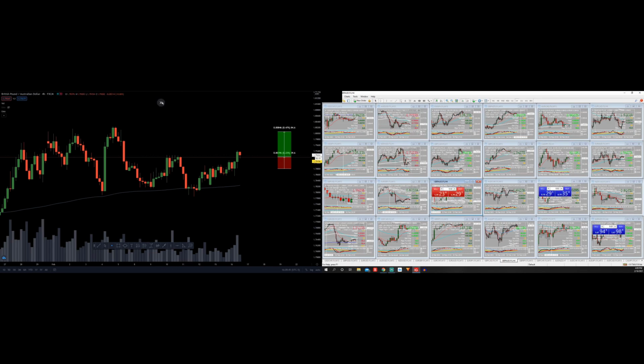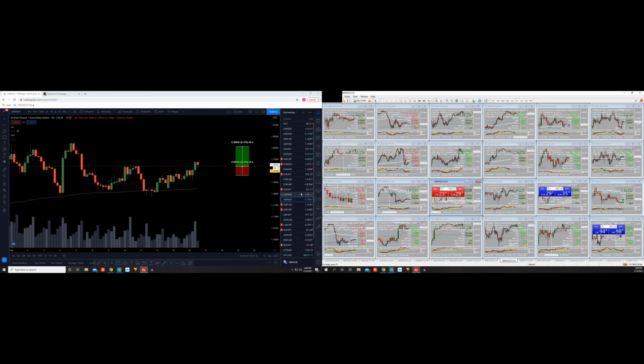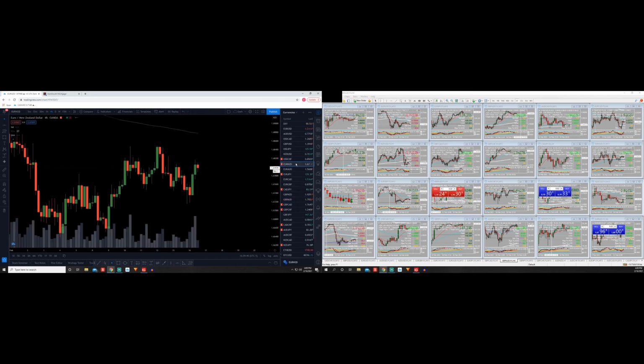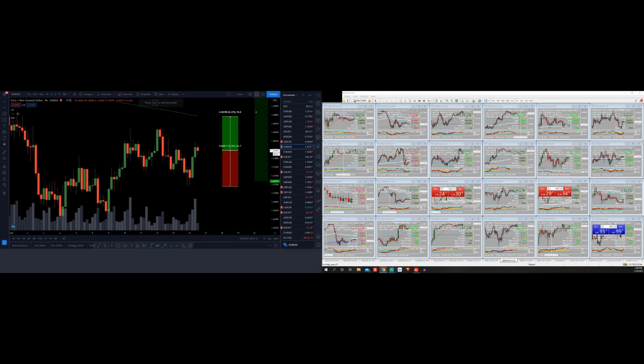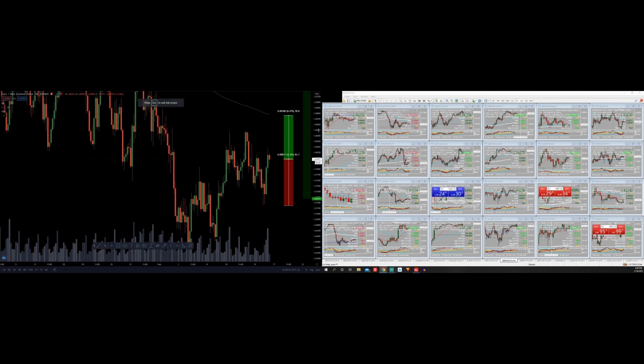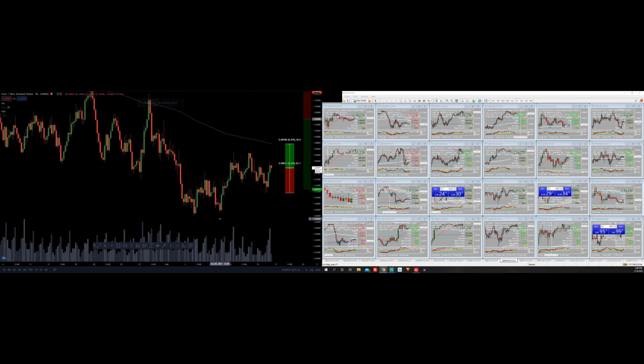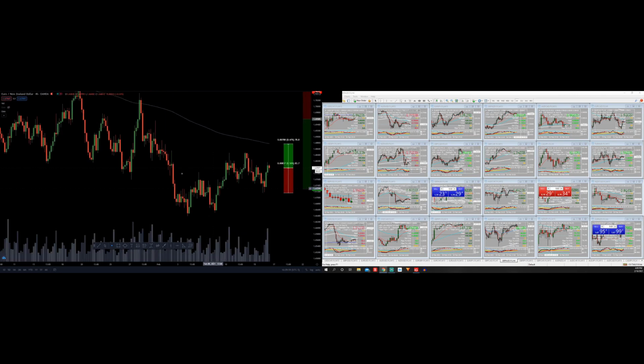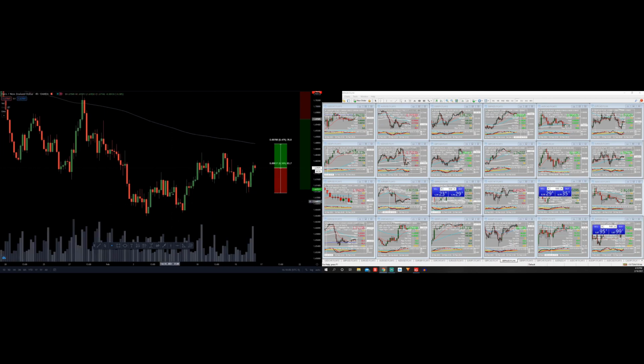Let's see, Euro New Zealand. All right, so to me, this is a solid bottom formation. If I had been watching this when it was trading down here, I probably would have entered the trade right here on this shift bar.